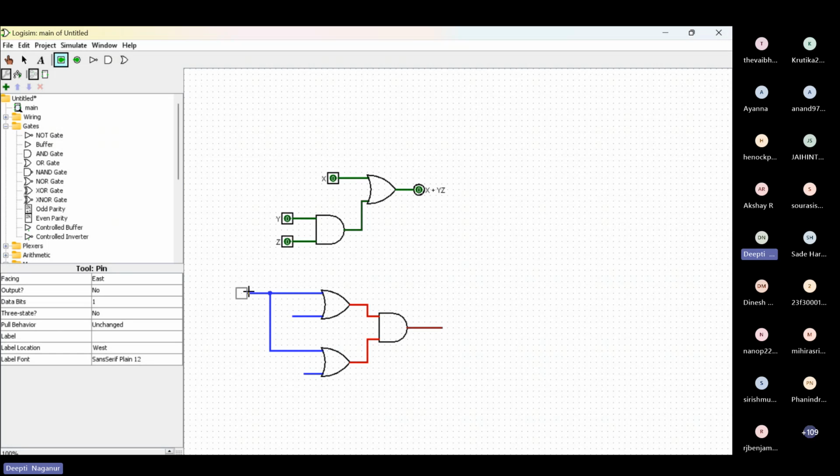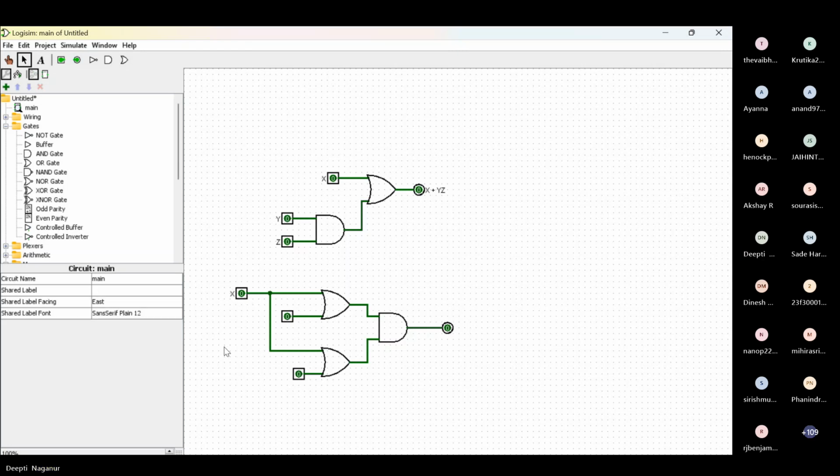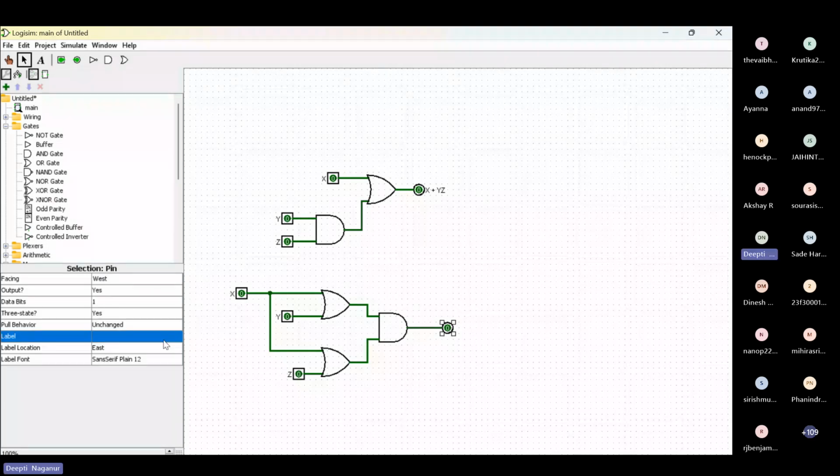This is used to assign input. This I'm going to name as X. This will be Y, and this will be Z, and this will be X plus Y into X plus Z.